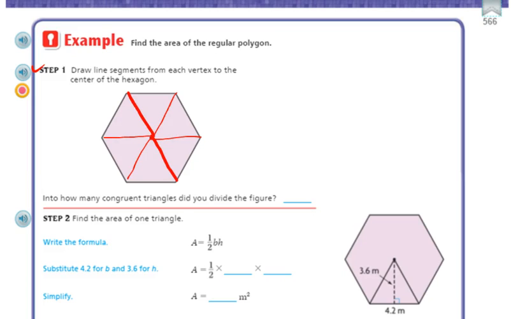Looks like I have 6 different triangles for that hexagon. And I know that I should have 6 because I should have a 6-sided figure. 6 sides, 6 triangles. And how many congruent triangles did you divide? We are looking at 6.